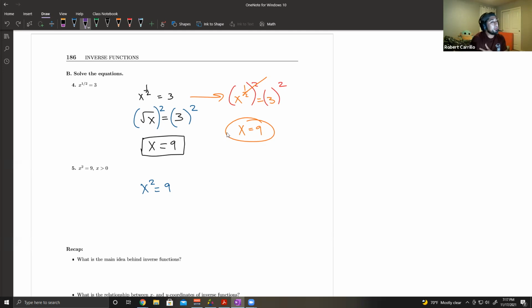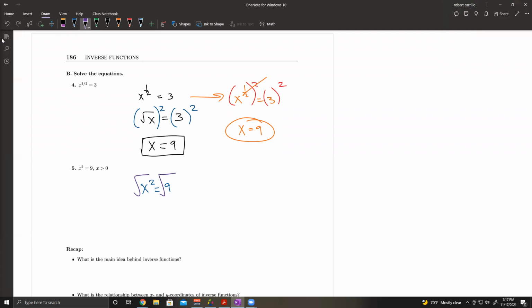What method would we use that we learned previously? Square both. Oh, no, multiply. You're close. How do we get rid of that 2? What do we have to do? Square root. There you go, square root.